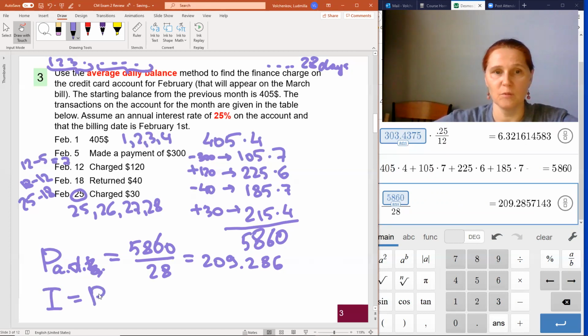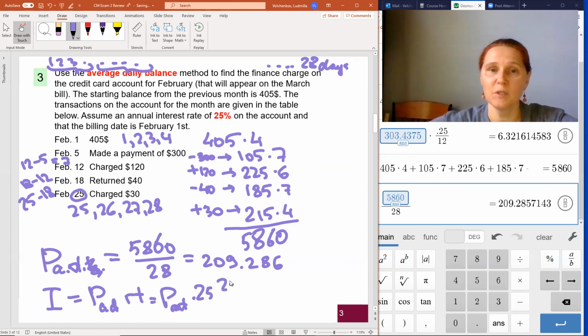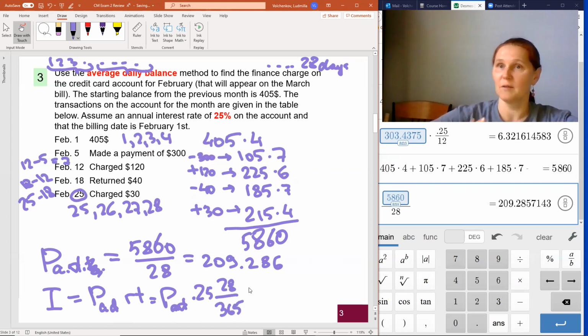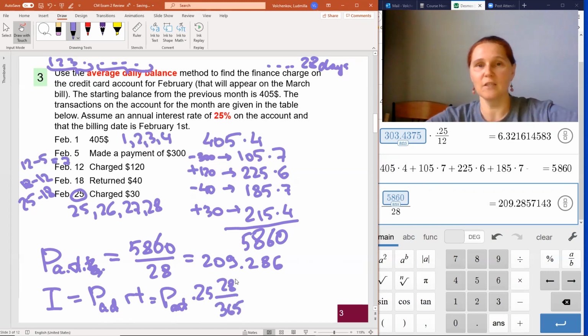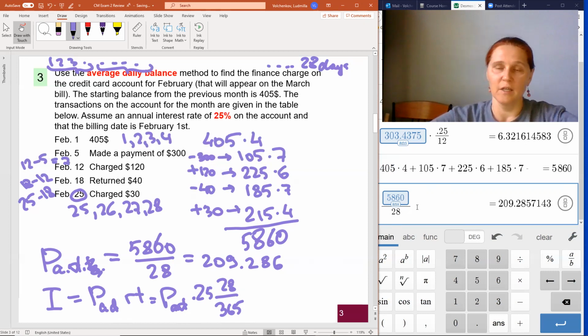Finance charge is always P, average daily, RT. This time R is 0.25, but for T we must take 28 over 365. So we care about every day, so we cannot take just 1 over 12.